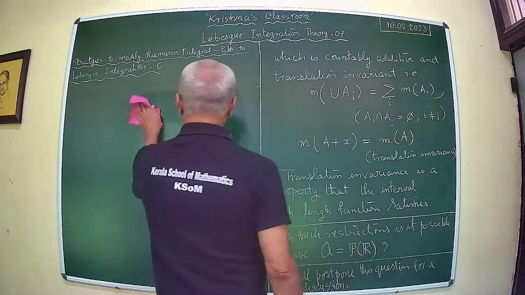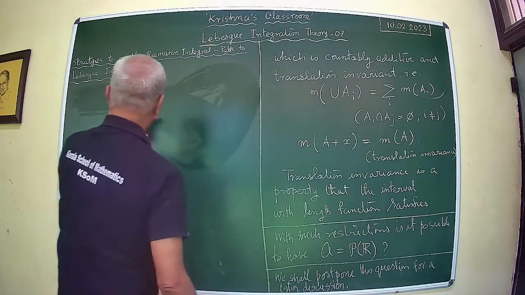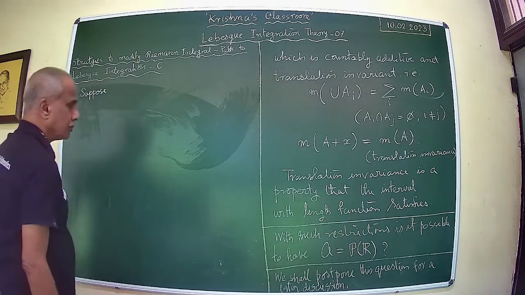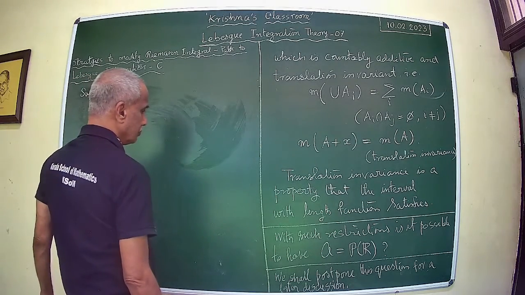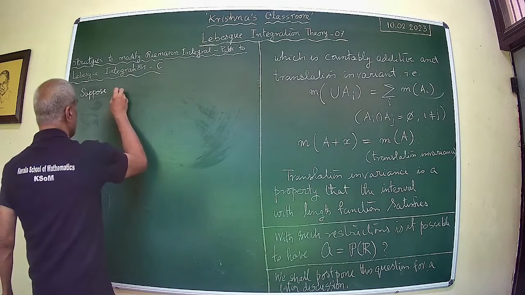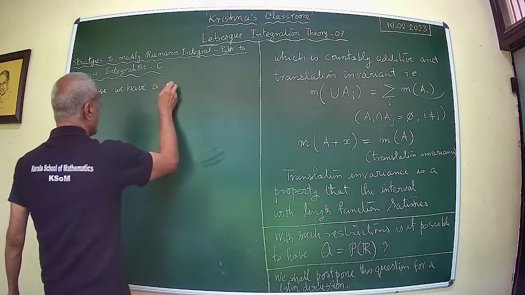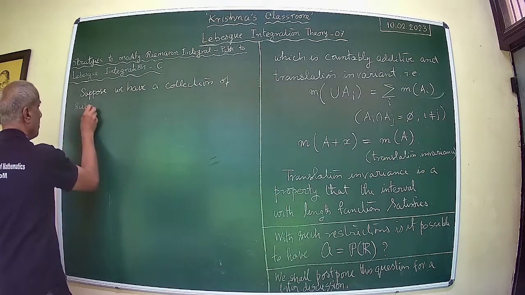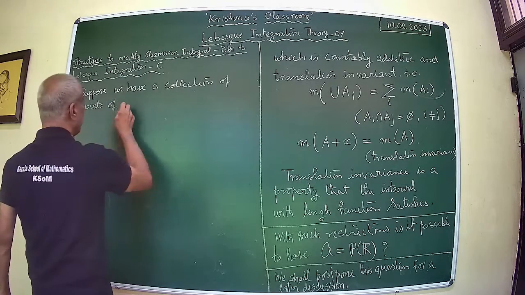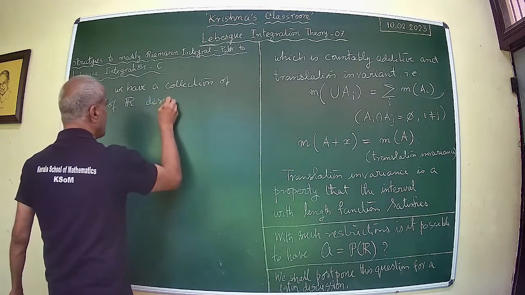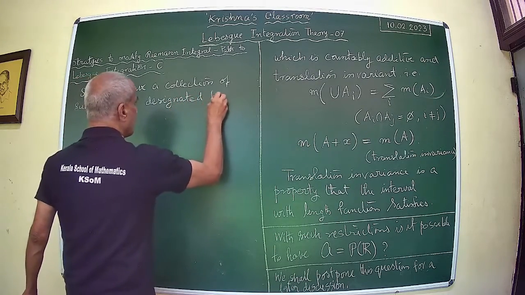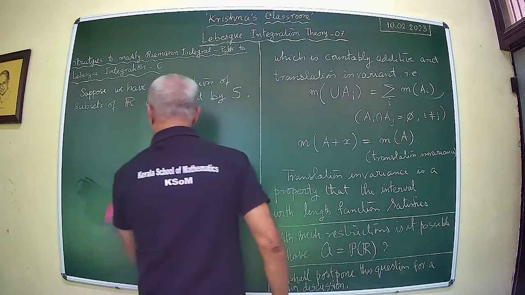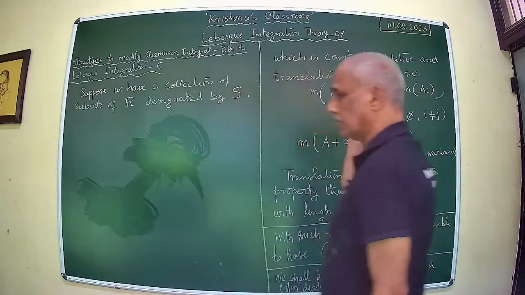Now we make some observations. Suppose we have a collection of subsets of R designated by S. But on S we are not assuming that this is true.